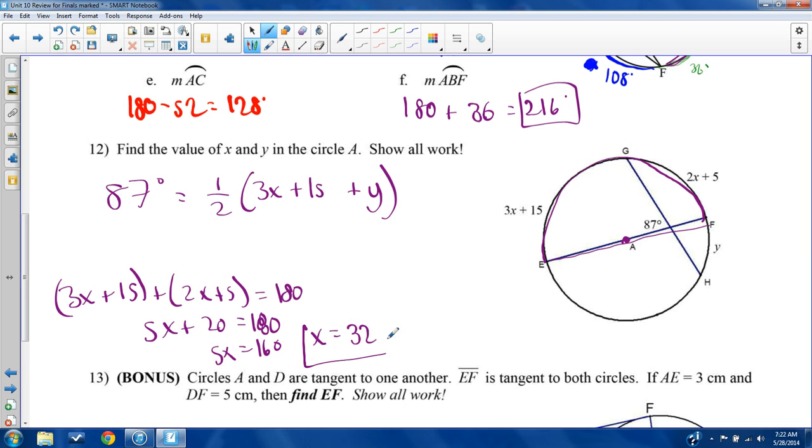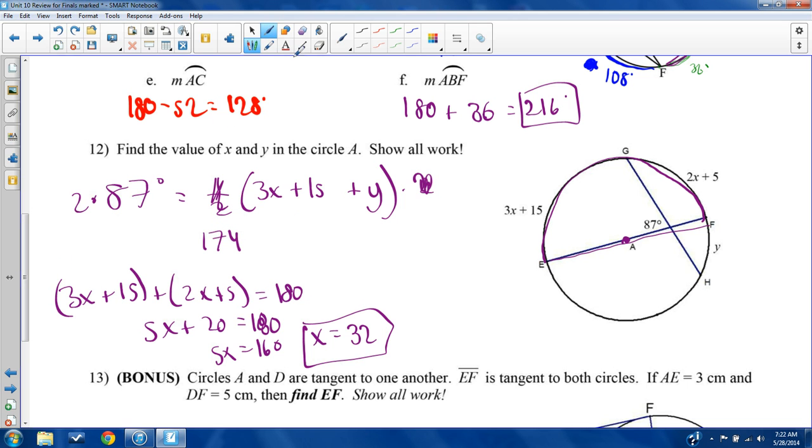So x is 32. Now you can use that x, plug it into here, solve the rest of this equation. I'm going to do two things at once because I'm running out of room. Multiply both sides by 2, and I'm going to plug in 32 as I do this. So 2 times 87, so the 2 and 1/2 cancel out. 2 times 87 is 174.